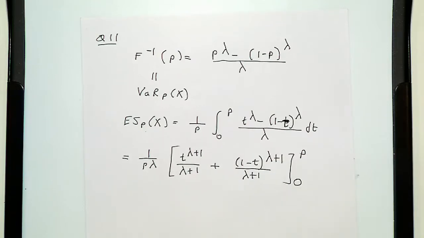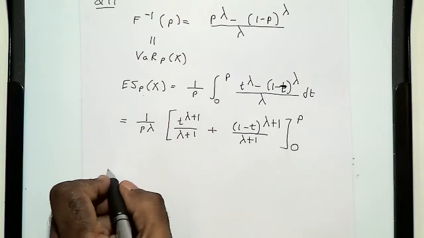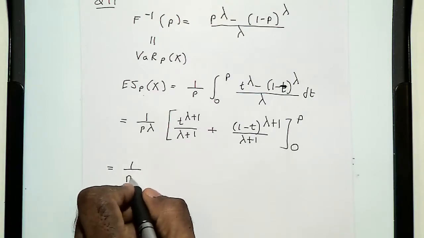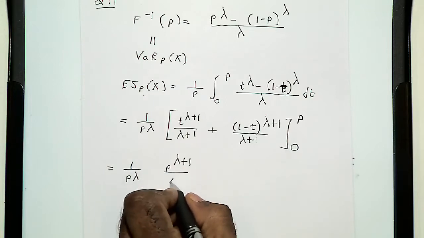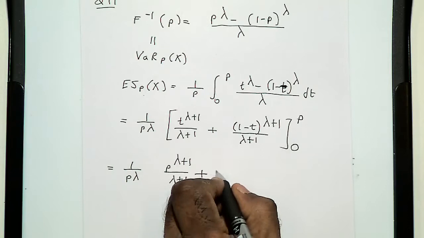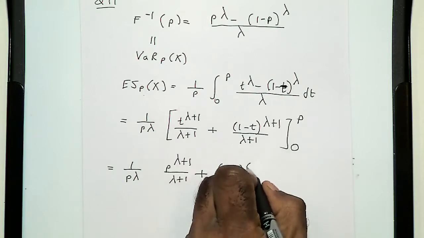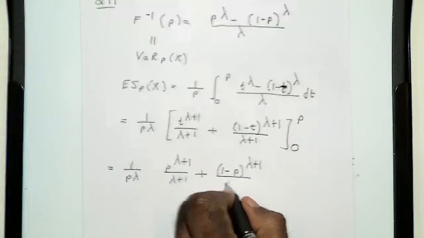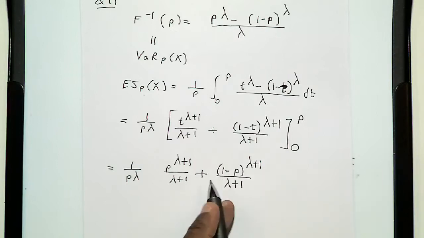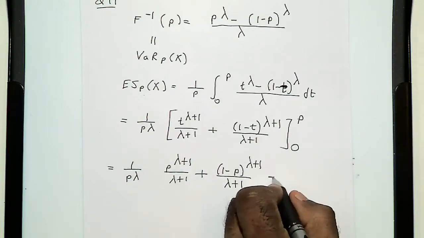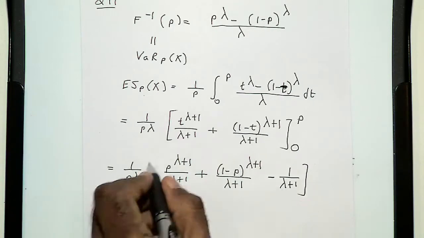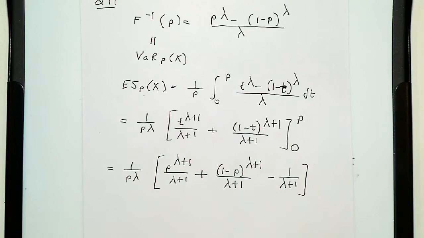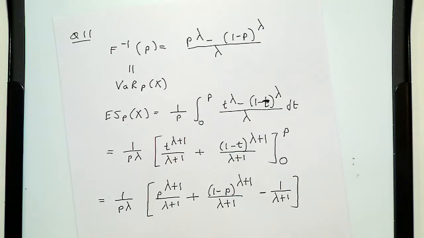So you get 1 over p lambda. If you put t equal to 0, this is 0 and this is 1. Alright, so this is what you get.